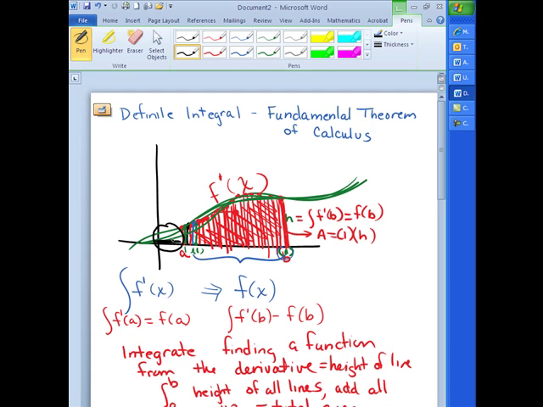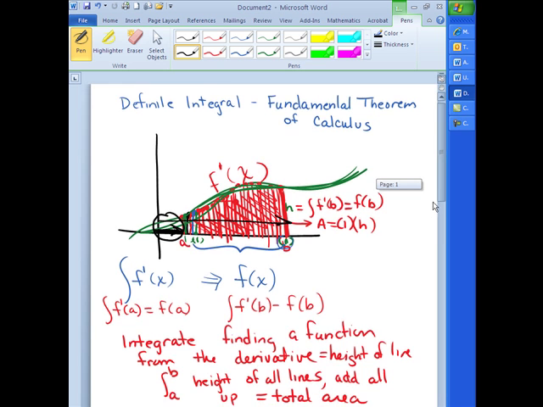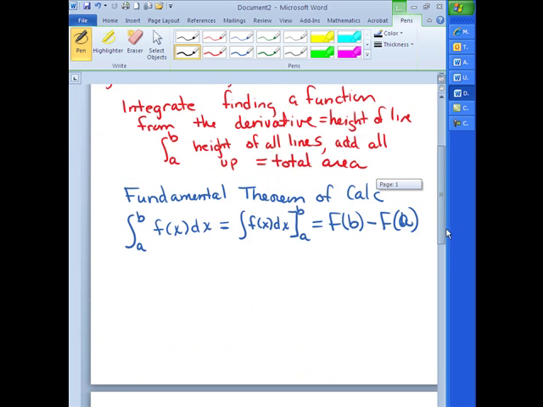From here to here is not included. So if we take from here to B and subtract from here to A, then we have the area that we want. So that's our whole concept there. So let's put that to use.